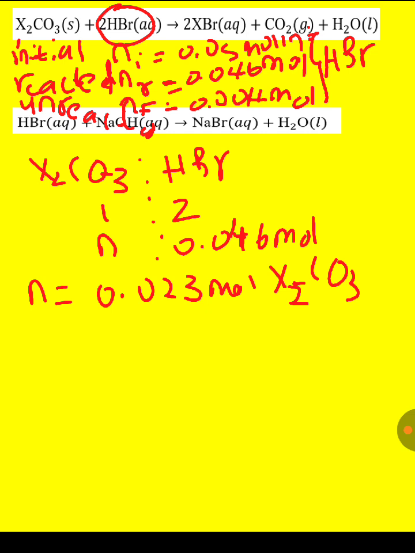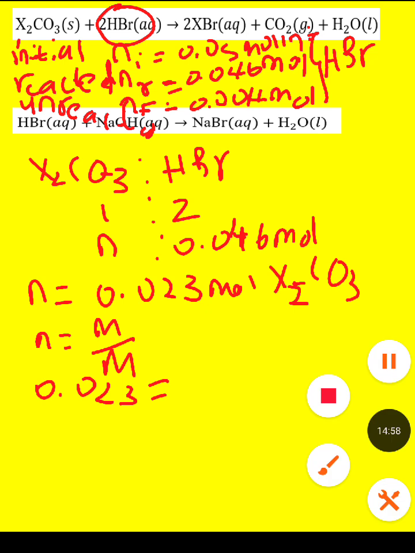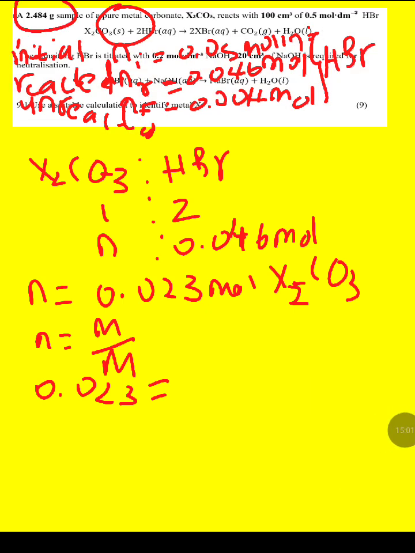Let's get them. So we say number of moles is equal to mass over molar mass. The number of moles is 0.023. The mass of the substance we were given, 2.484, is the mass that was given to us.